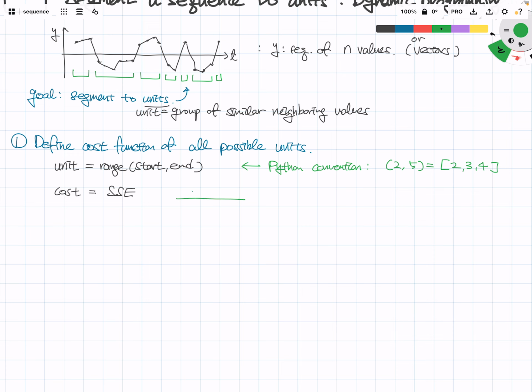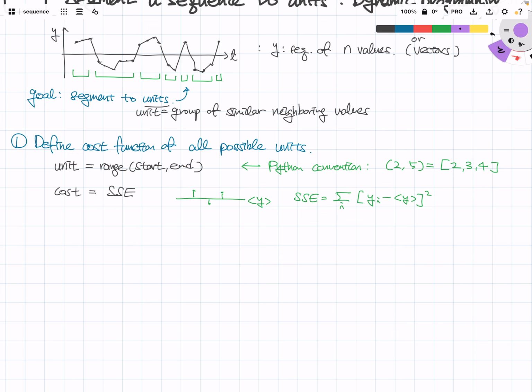When you have three values in the unit, we can define the error. This line is the y of the three values. So SSE is the squared error and its sum.